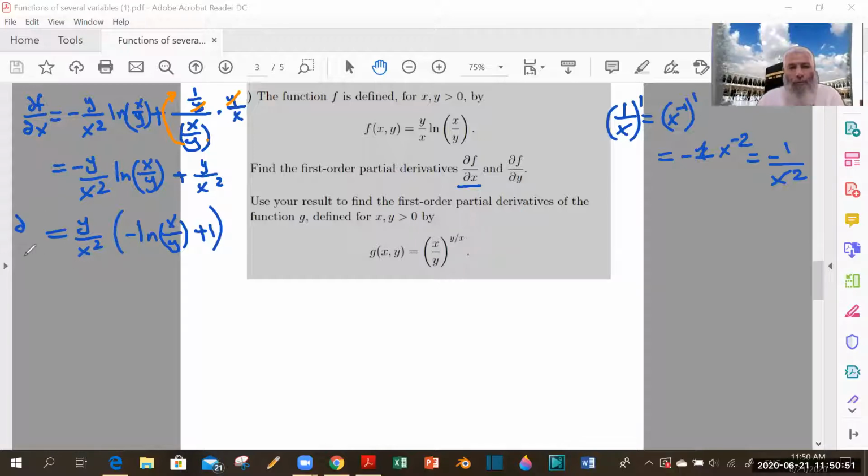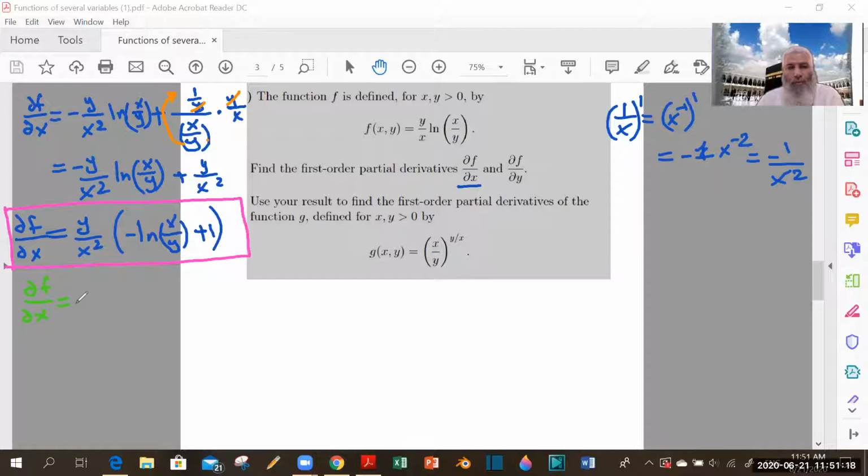That is df dx. And then we need to find it with respect to y. With respect to y, again the multiplication rule.